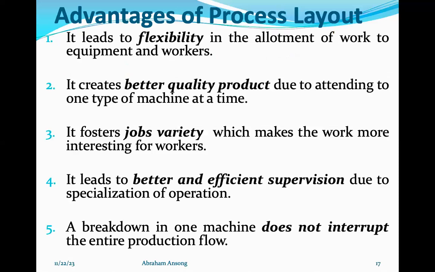So, advantages of process layout: it leads to flexibility in the allotment of work to equipment and workers. If it is about cutting, we know where to send that particular type of job, because all the people and machines engaged in cutting are at a particular place. So we can easily go to that place with jobs that involve cutting.